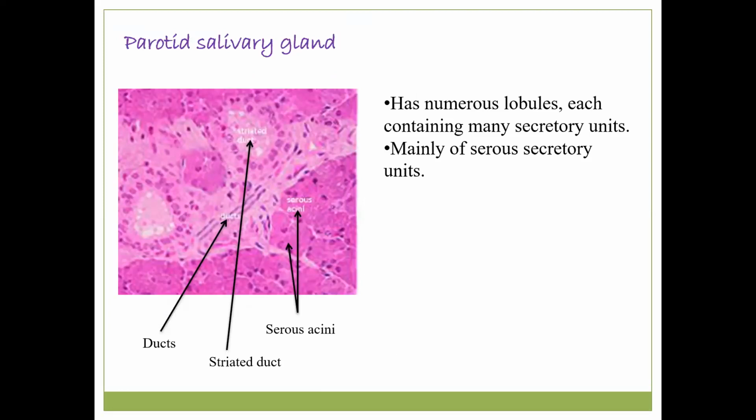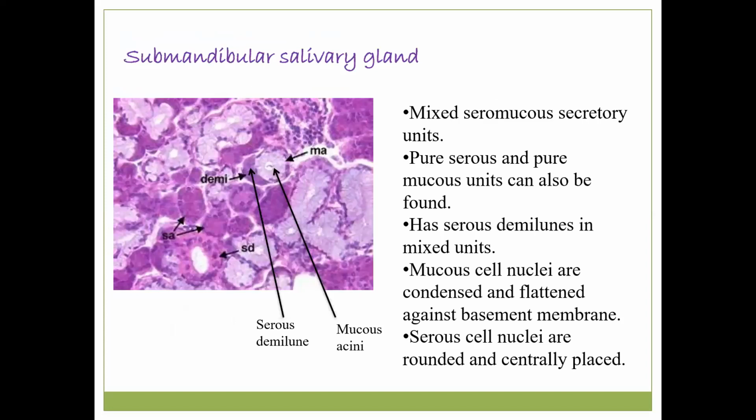This is a microscopic picture of a parotid salivary gland. You can see it has numerous lobules, each containing many secretory units. These units are mainly serous secretory units. This is a picture of the submandibular salivary gland, and it is mixed. It has mixed seromucous secretory units, serous demilunes.